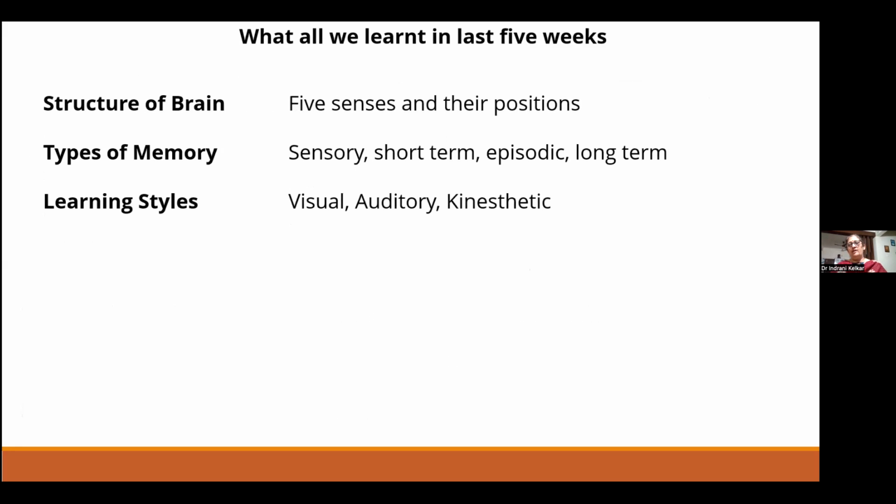Learning styles, we saw 3: visual, auditory and kinesthetic. Whatever was your learning style, depending on that natural instinct you had, some ways of liking some subject, liking some technique, and that's perfectly fine. But we did understand the left brain and right brain, and these two learning styles and the two hemispheres have a lot of connections to do the balancing between.